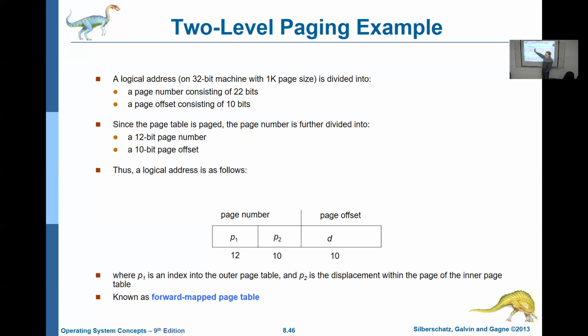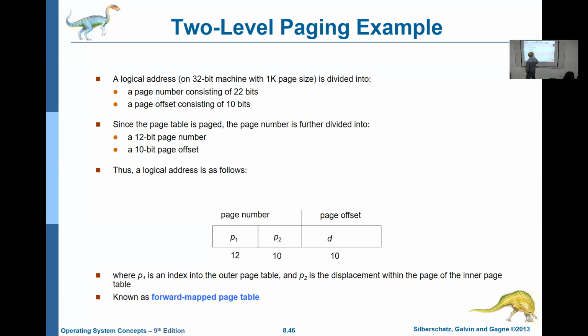And I don't have to give you that on the test. I can just tell you it's a 2-level page and the page sizes are 1K. Once I tell you the page sizes are 1K, then whatever page there is, it's 1K. You don't have different size pages. So if the page table is paged, it must be paged into units of 1K. There's no other size. So it's got to be 10 bits internally in each page.